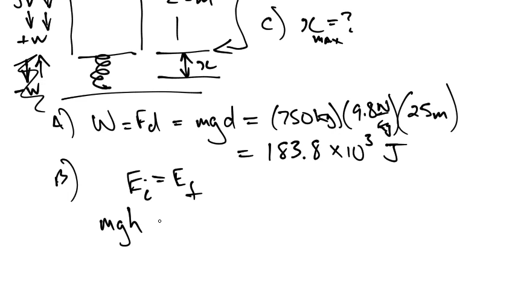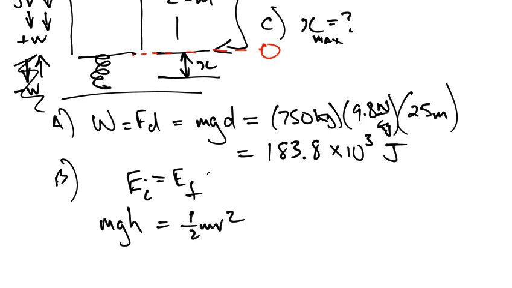We don't have any kinetic energy at the top, and no other energy. And then at the bottom, let's say this location here is 0, so that there is no gravitational potential energy at that location, so we would only have kinetic energy. So we'd have 1/2 mv squared.